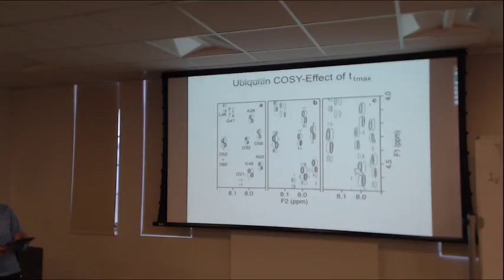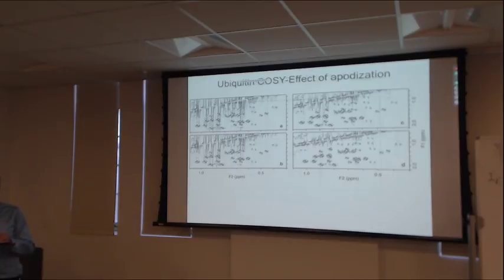When we do the Fourier transform, the signals are weak because we haven't let the sine terms evolve enough. And then here's an intermediate value. The signals are starting to be better, the sine terms are becoming more appreciable. And now here's a large value where we start getting strong signals. Of course, if I kept making T1 max larger and larger, eventually the signals are going to get weaker again, because relaxation eventually kills all the signal. So there's a limit to this, again set by relaxation.